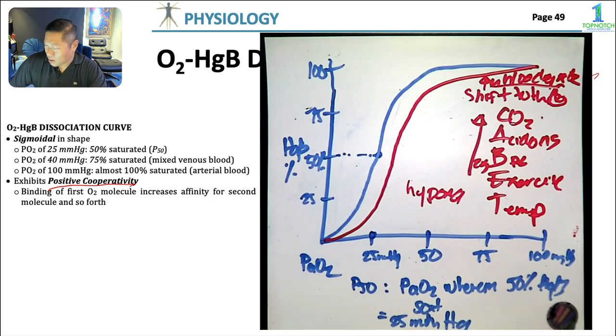Pag meron ka niyan, meron kang hypoxia. Exercise and temperature, pag nag-increase yung demand, meron kang hypoxia. So all of this will cause a shift to the right, which implies an increased unloading of oxygen from hemoglobin. Now, do you want that? Do you want a shift to the right ng O2 hemoglobin dissociation curve mo whenever you're experiencing hypoxia?